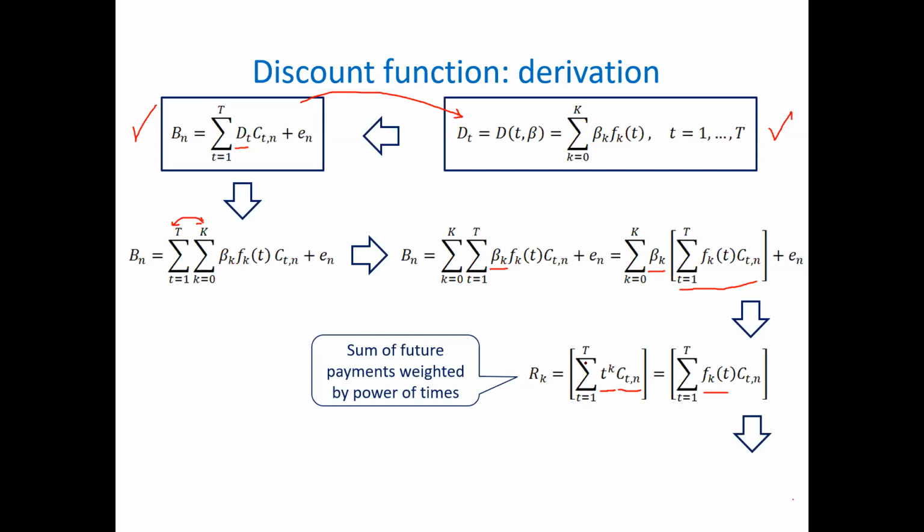So if you want to have at least some interpretation of this term, you can say that we have a weighted sum of future payments which are weighted by powers of times to maturity. But again, this is not necessary because this is simply a mathematical term.